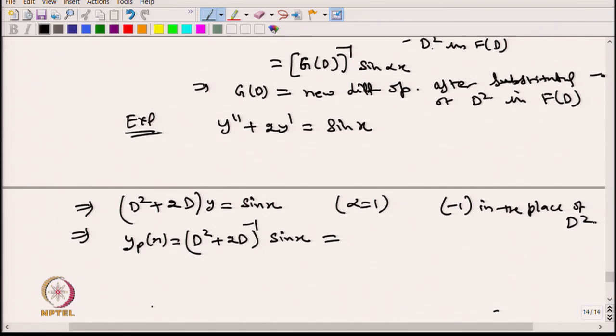So, what will I get? I will get here minus 1 plus 2D inverse sin x. Instead of D square I am putting minus 1. So, from here I can write 2D minus 1 inverse sin x.